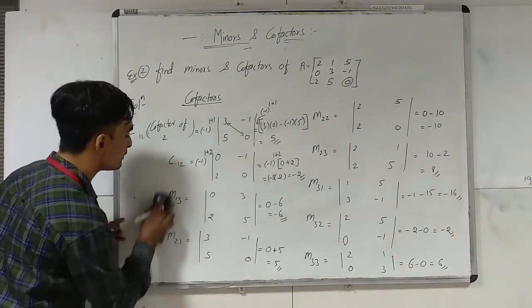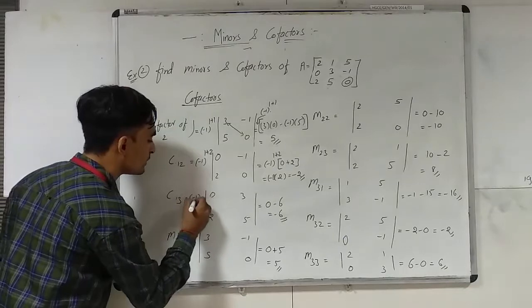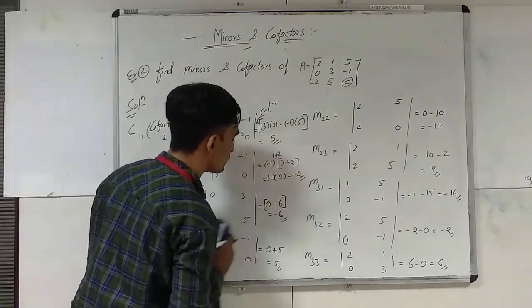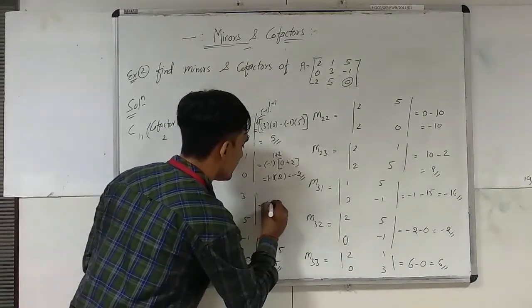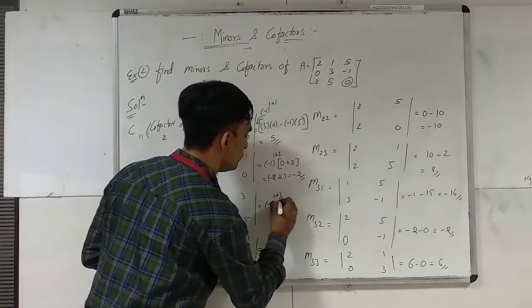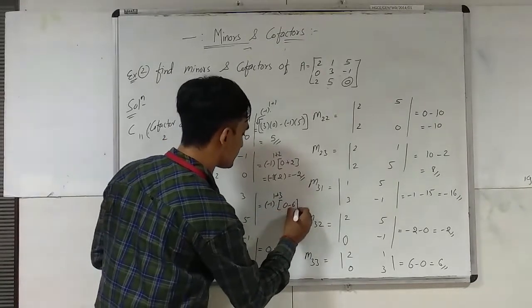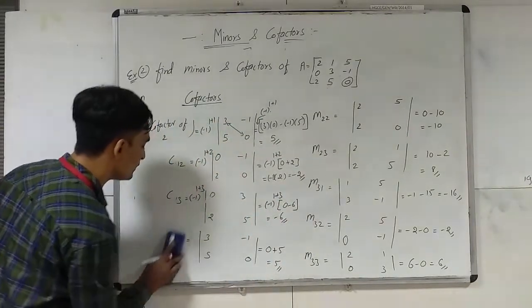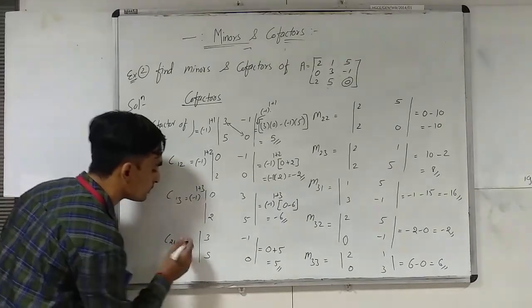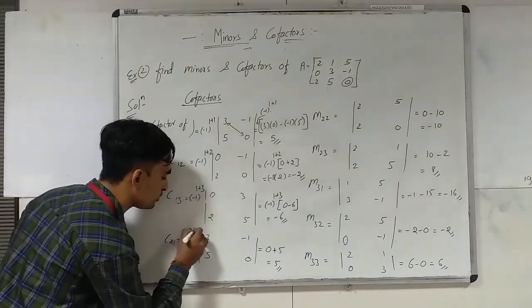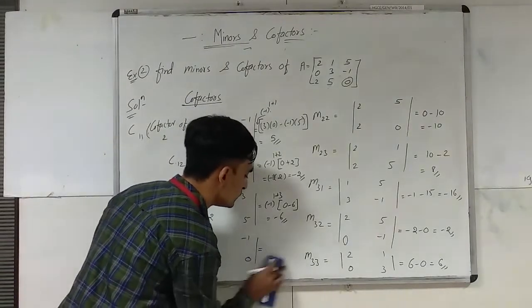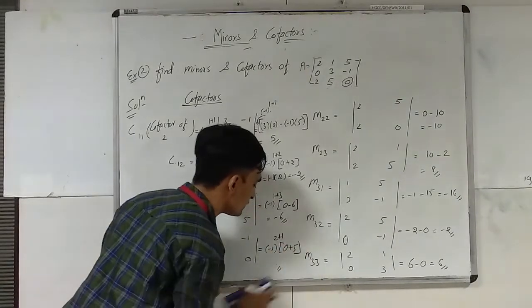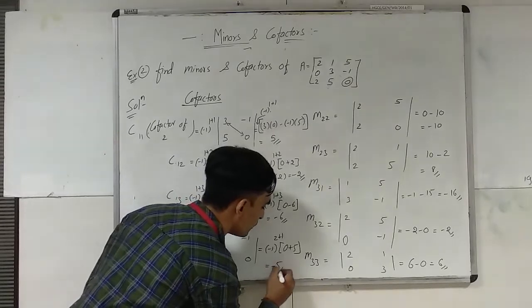Same way, C13 is minus 1 power 1 plus 3, which is 4, into minus 6, so it is minus 6 as it is. Same way, C21 is minus 1 power 2 plus 1 into 5, so it is minus 5.